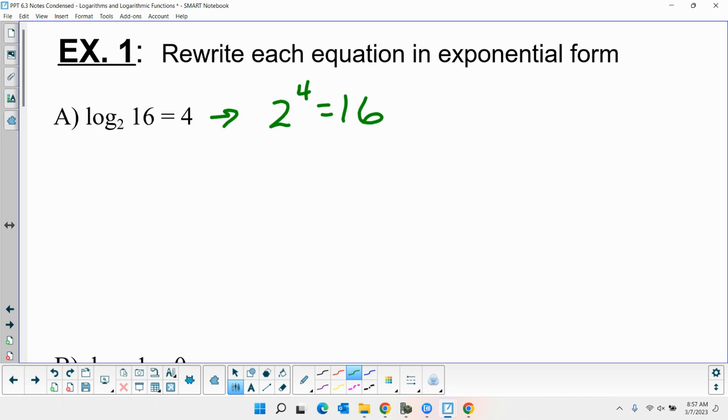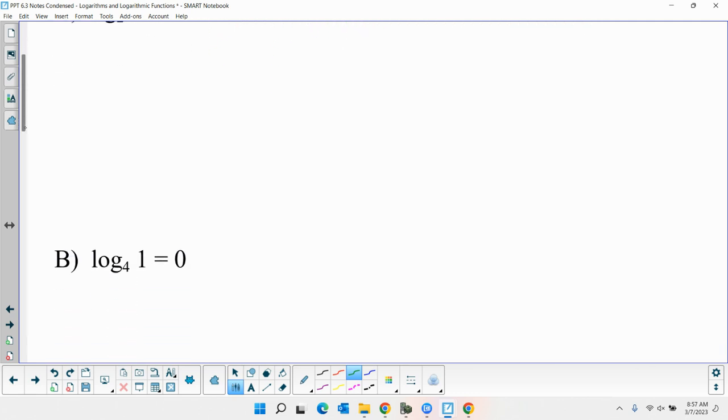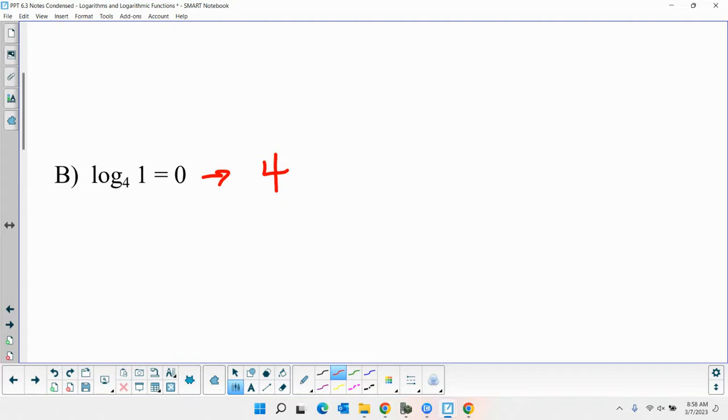Logs equal exponents, so that's your exponent, 4, equals whatever number came after log. Serenity. Good. And anything to the 0 power is 1, right? That's correct. Log base 4 of 1 is 0.